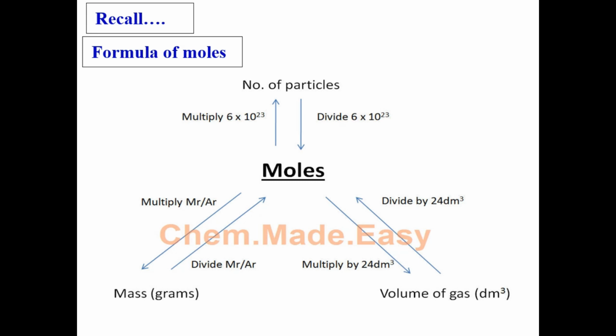If you have the mass, we can calculate moles by dividing by its molar mass, and vice versa. The last main parameter is the volume of gas. To calculate moles from the volume of gas, we must divide by the molar volume, either at room temperature or STP, standard temperature and pressure.